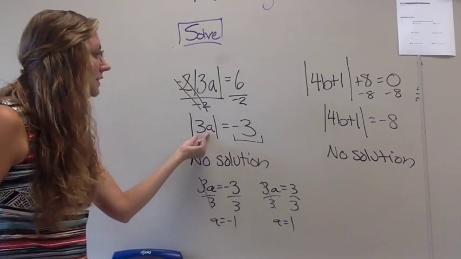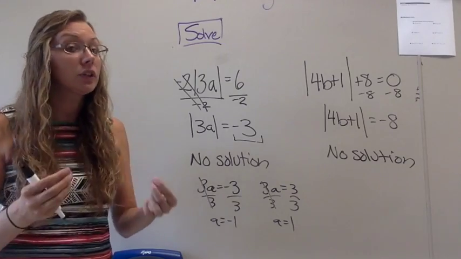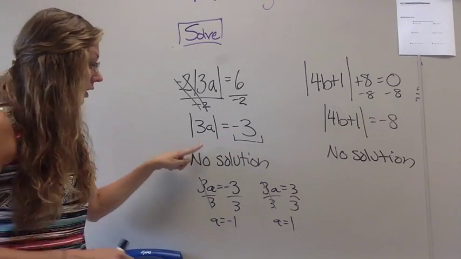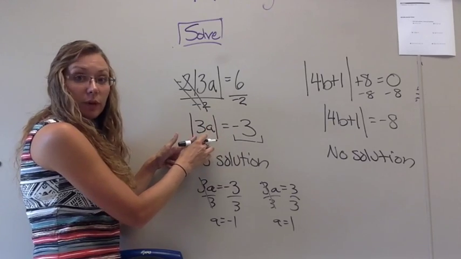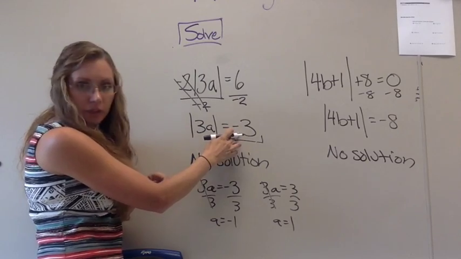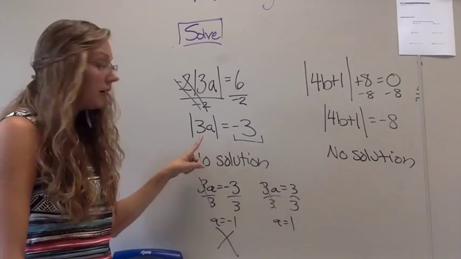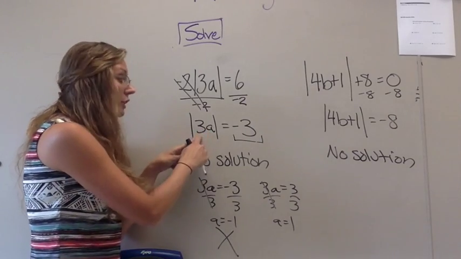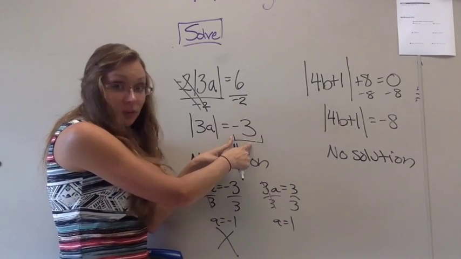Now, when I go to plug these in to check my answer, this is why checking is also important in case you forget that rule. I plug in negative 1, I get negative 1 times 3 is negative 3. Make it positive. It should be positive 3, but it's not. Okay? If I take this 1 and I plug it in, and I go, okay, 1 times 3 is 3. It's an absolute value bars. Make it positive. It still doesn't work.